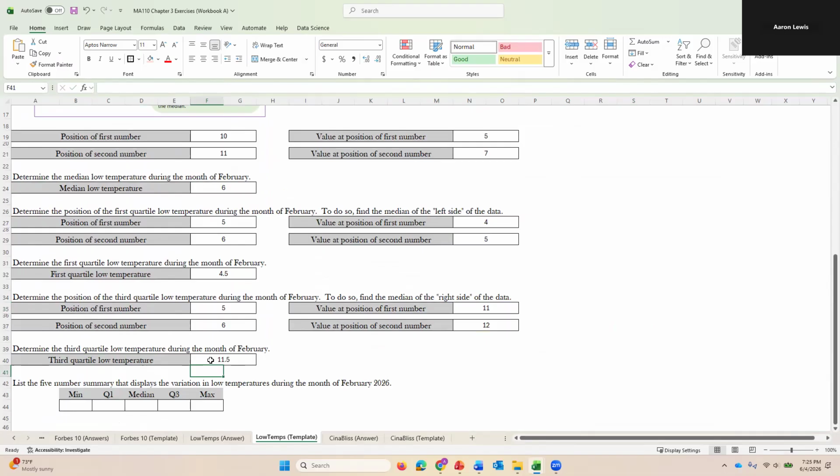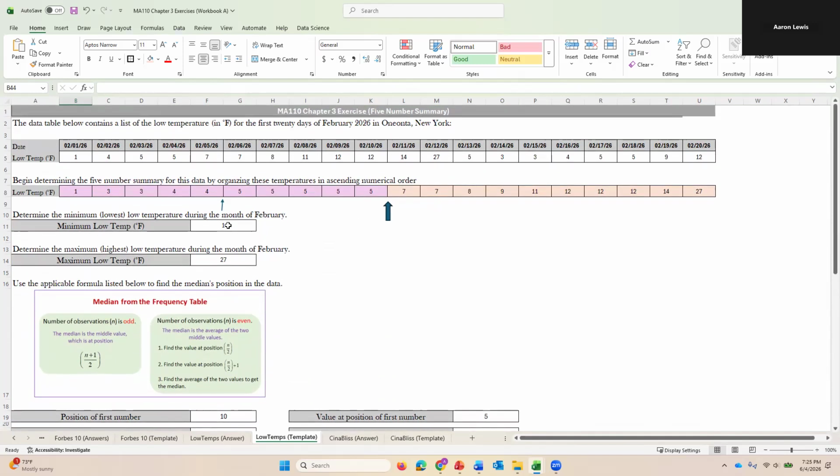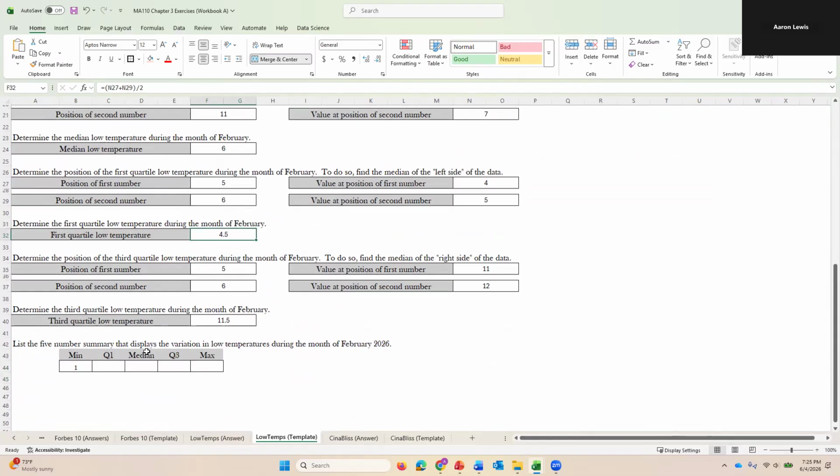And now I have all the information that I need to prepare my 5-number summary for this data. Min, the lowest low temperature, the coldest it got during the whole entire month, we already determined to be 1 degree. For the first quartile, we solved it right here. It was 4.5.